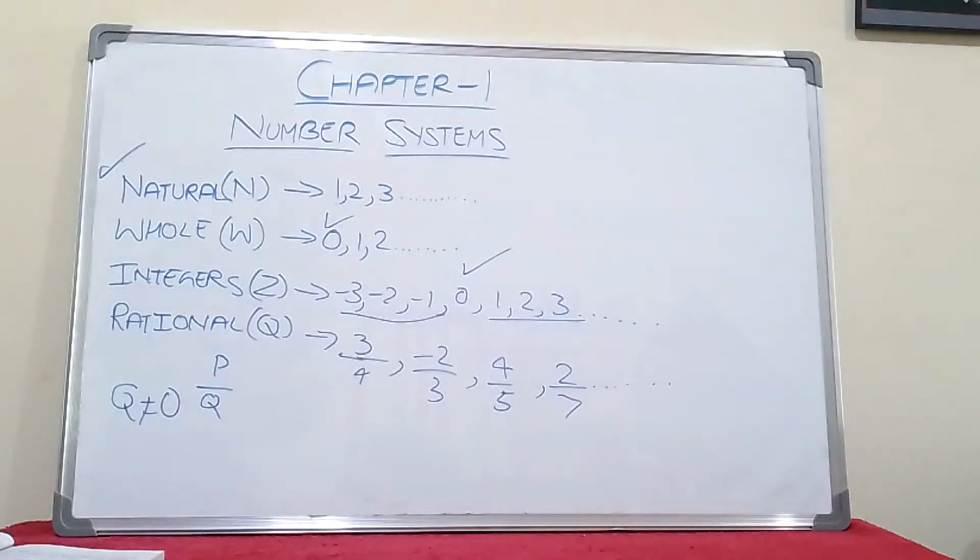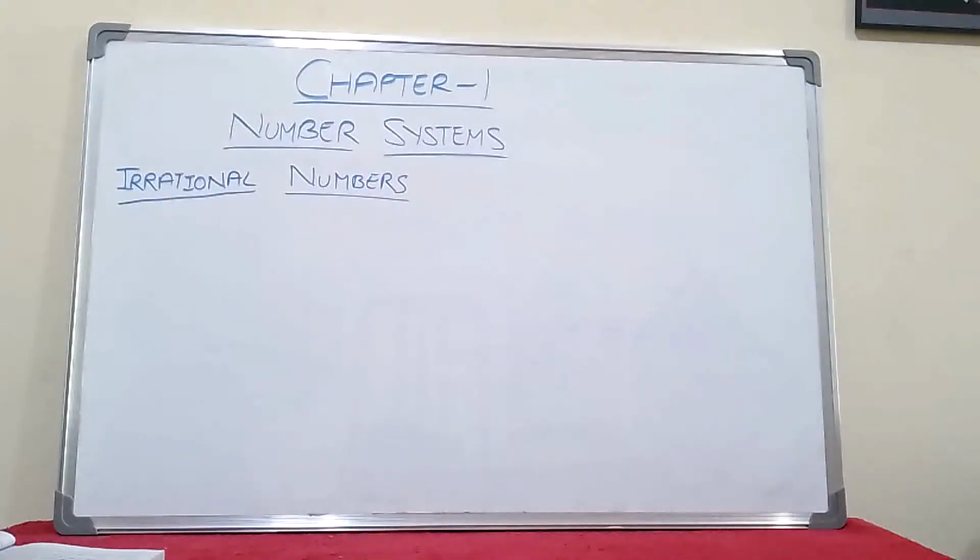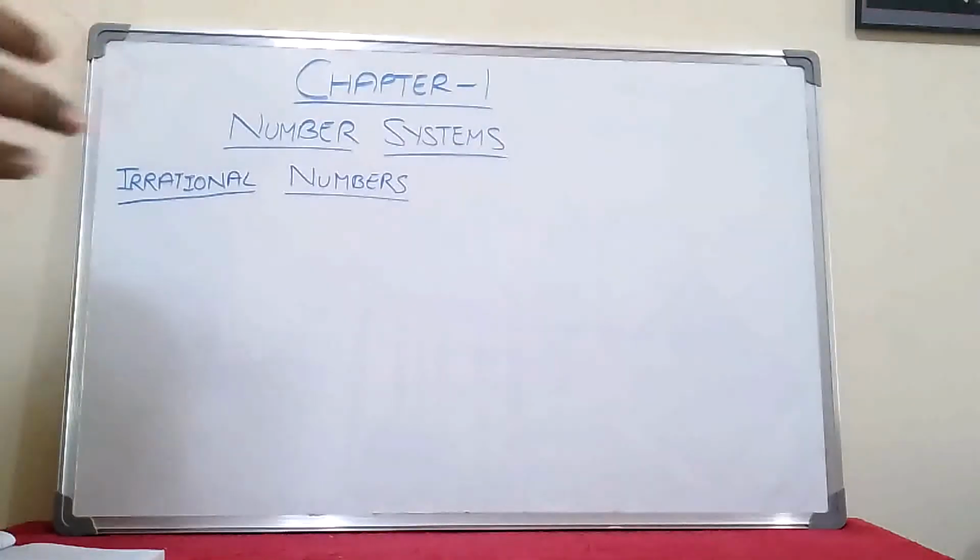Now moving forward, we'll see what irrational numbers are. As the name says, irrational numbers are completely the opposite of rational numbers. Rational numbers are any number which can be shown in the form of p by q. An irrational number is any number which cannot be shown in the form of p by q.